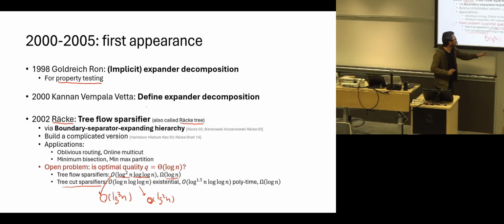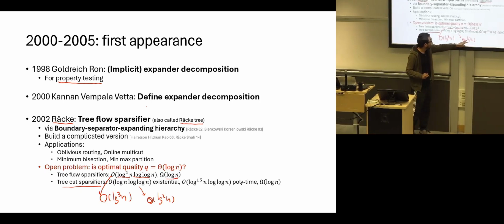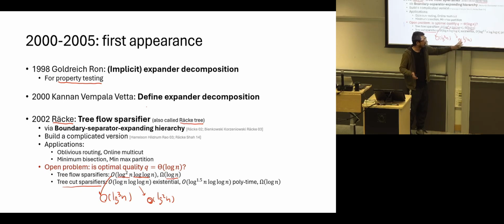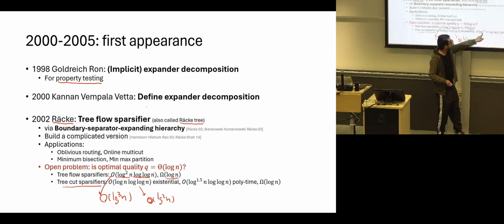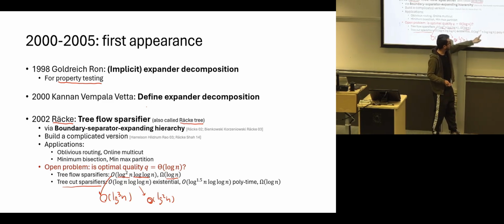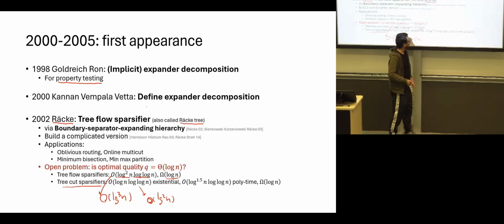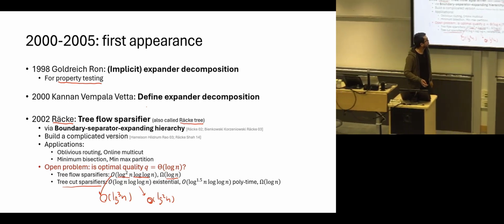That's why you get tree-cut sparsifier with log square. But the best known bound is this thing. Existentially, if you want polynomial time, it's this one. It's a bit worse. And the lower bound is log n. So this is known. Okay?